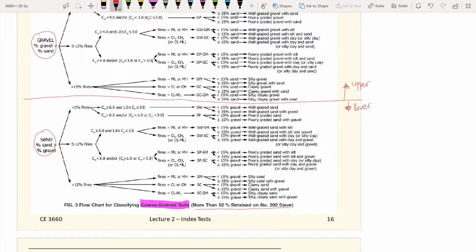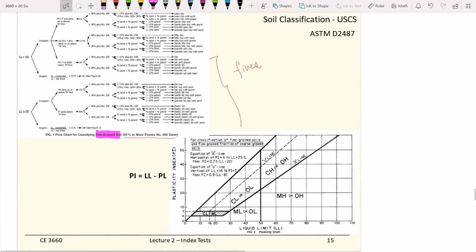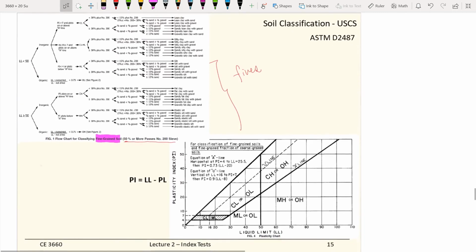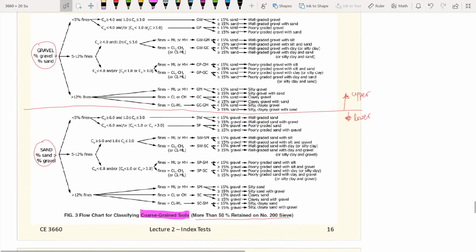But the question now is, what if you are at exactly 50% retained on number 200, or exactly 50% passing number 200? According to the standard, if you are right at 50%, then you should use figure 1. This means you classify it as a clay material or fine-grained material if you're at exactly 50%. So those are the figures we should use for our classifications, both for fines and for coarse-grained material.